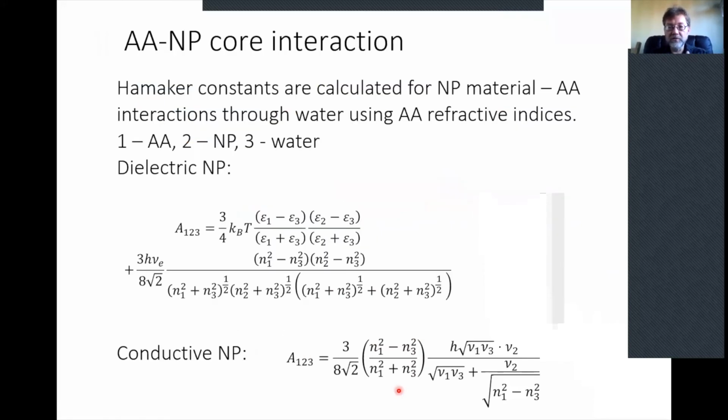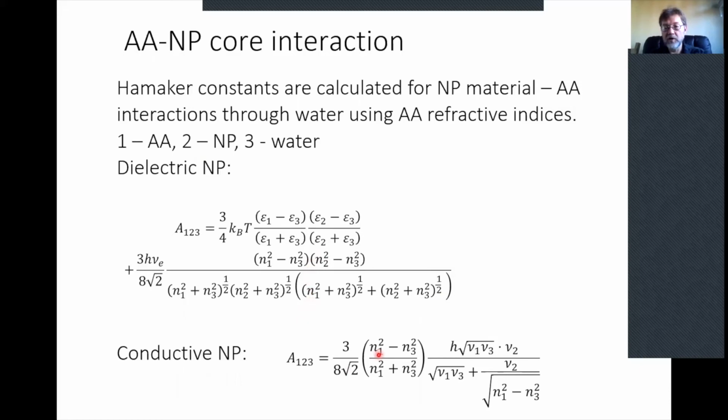Okay, so when we do this, we still need to characterize a material. We looked into ways to calculate the Hamaker constants for different materials. If we're taking titanium dioxide or gold, then we need to include the dispersion interaction based on the parameters of these materials.